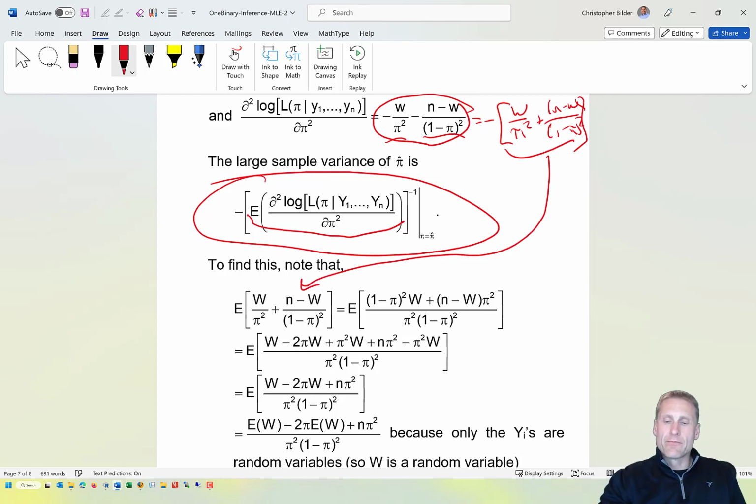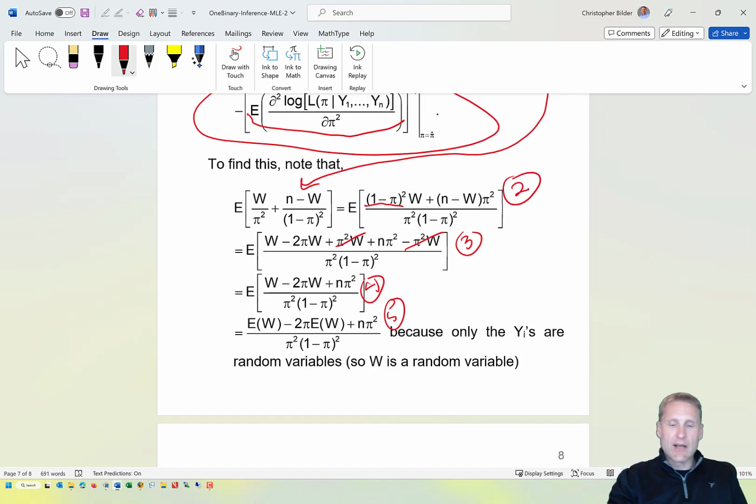So that's step one. Step two, what I'm going to do is find a common denominator for these two fractions inside this expected value. Step three, I'm going to multiply out this polynomial, 1 minus pi raised to the 2 power. Multiply it out. Step four, still inside that expected value, I'm going to cancel out some terms. And then step five, I'm going to move this expectation inside of all the components there.